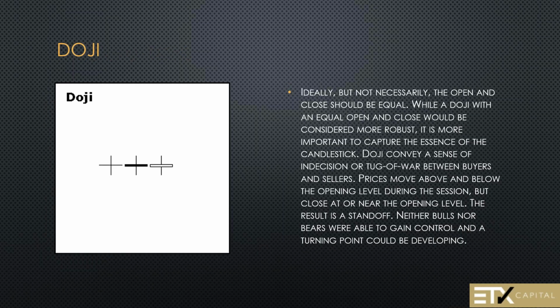Now, the original rule for Dojis was this: the open and the close had to be exactly the same. What that tells us is that the markets are completely dumbfounded.